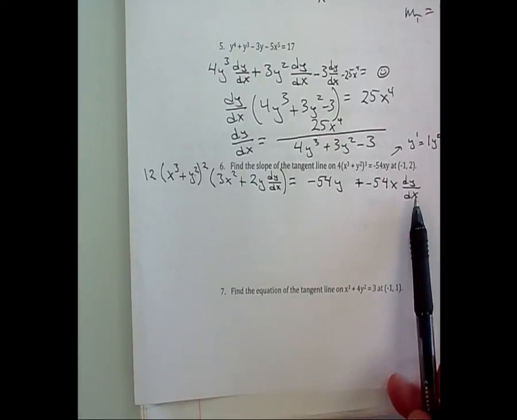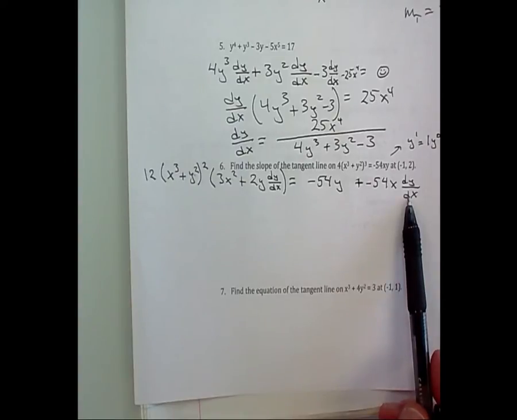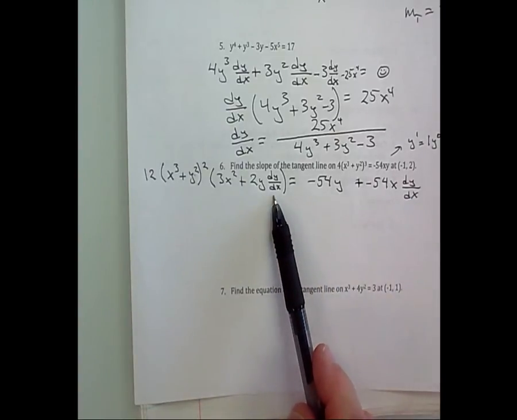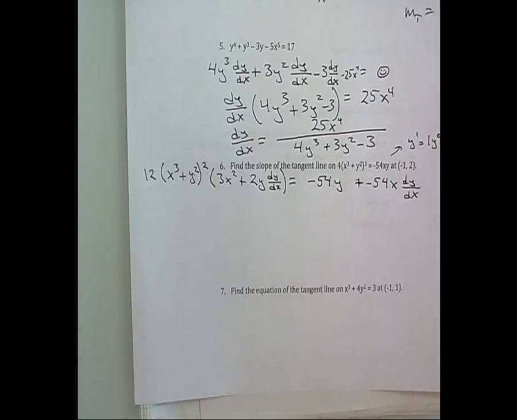Do you see the dy/dx over here? You see the dy/dx over here? What am I going to do now? Yeah, how do you go about that? It doesn't look simple. You want me to give you a hint? Okay.